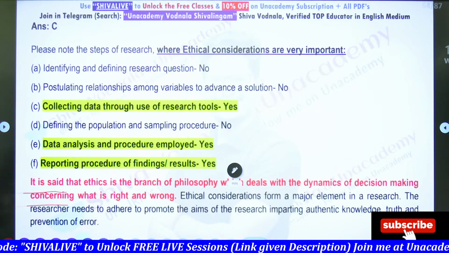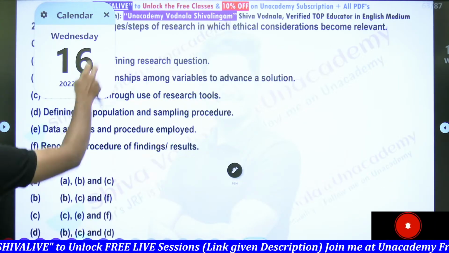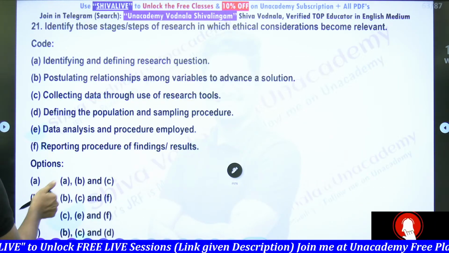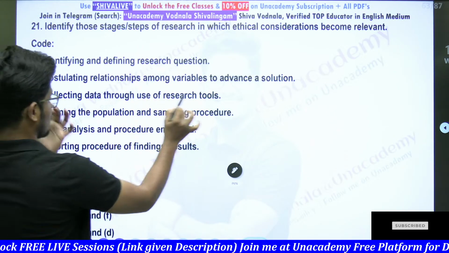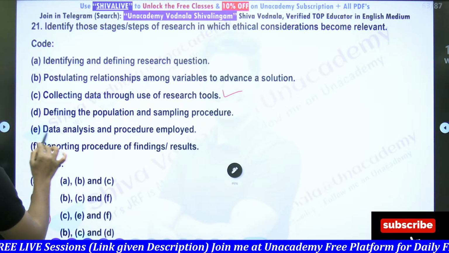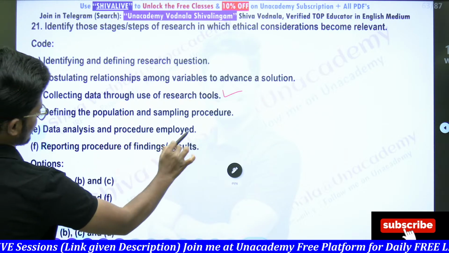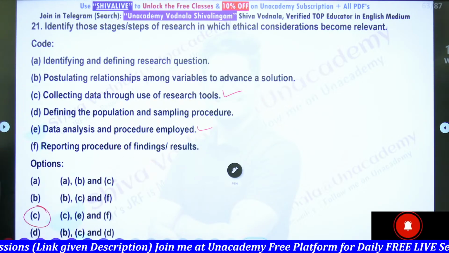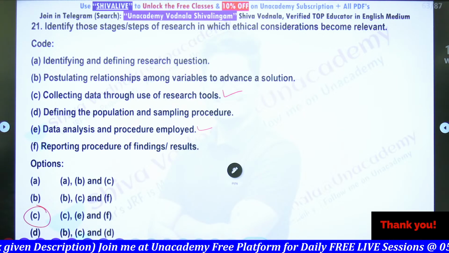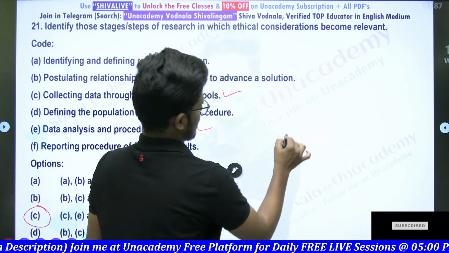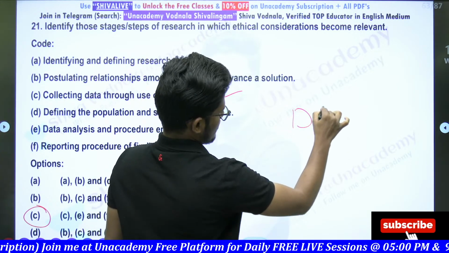So the answer is option C, which is CEF: collecting data through research tools, data analysis and procedure employed, and reporting procedure of findings in research. They are asking about when ethical considerations become important. I will tell you one simple trick: DDR.